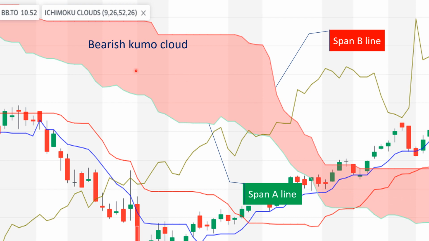Now, if the color of this cloud is green, that's a bullish Kumo cloud. And if this color is red, that is a bearish Kumo cloud. Kumo cloud is probably one of the most important elements of the Ichimoku indicator. It provides a strong dynamic zone of support, indicated with green color, and a strong dynamic zone of resistance, here indicated with red color.